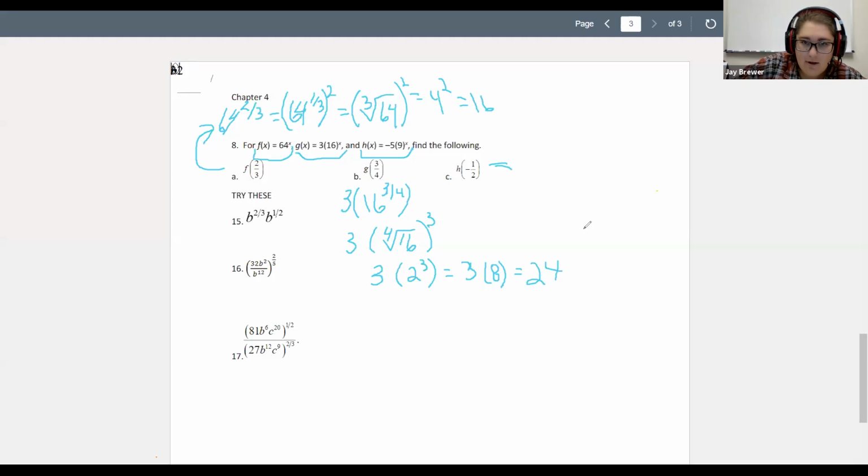All right. And then the last one, let's kind of go up with it. H to the -1/2. So -5 outside, 9 raised to the -1/2. Well, what does a negative in the exponent make me do? Where am I going to go? Not left, but remember right now we're on top, so we're going to go where, Teddy?